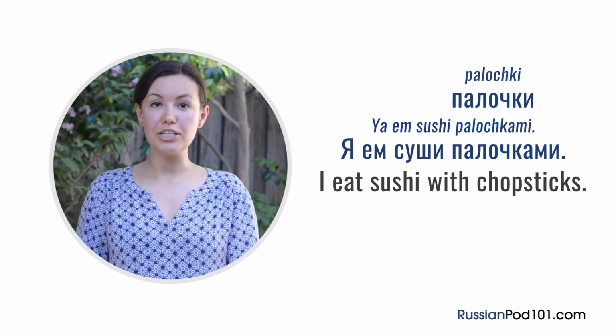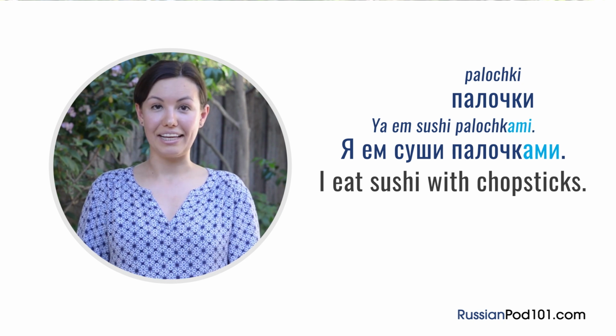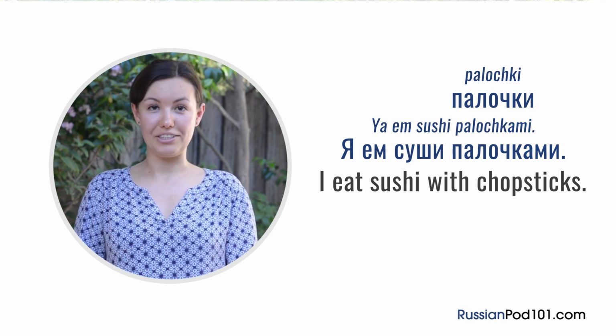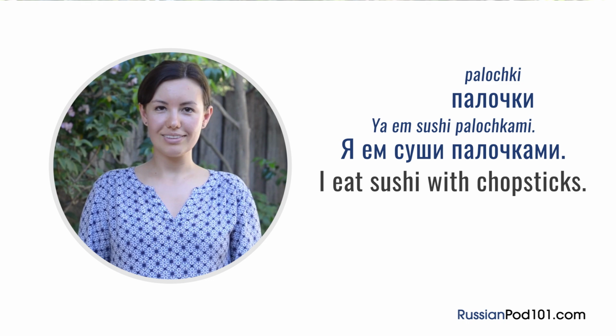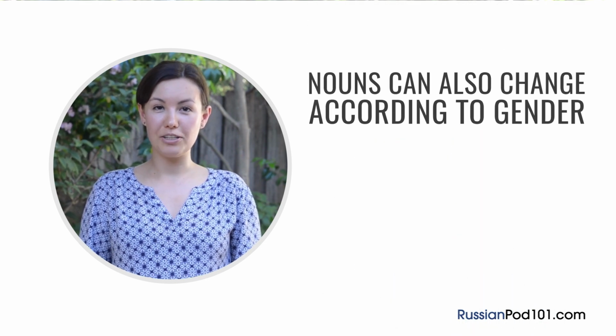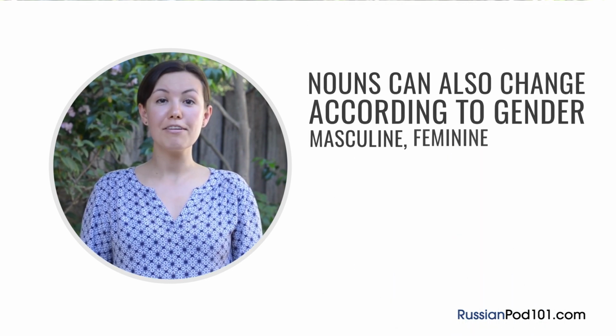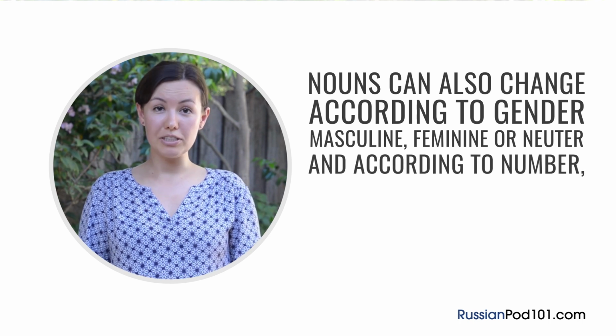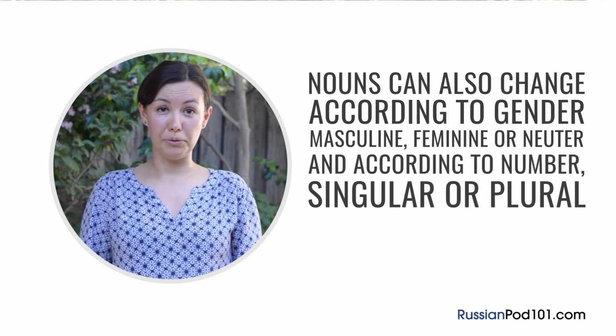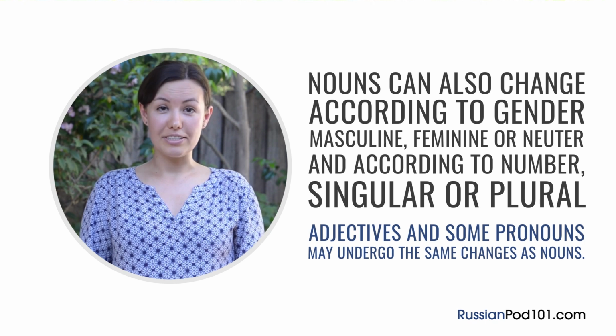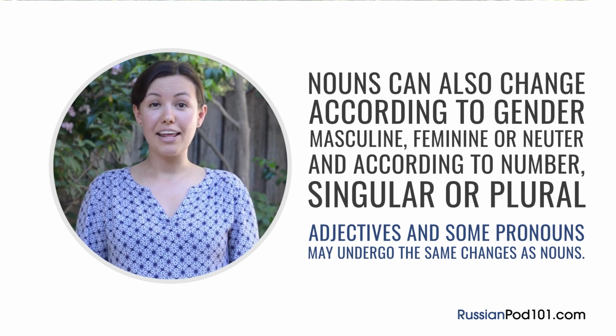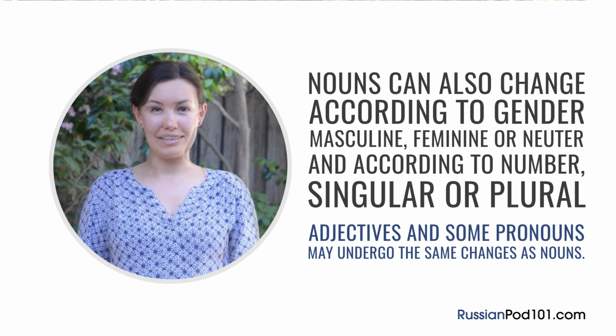As you can see, the change is made with the help of an ending, not with the help of a preposition, as in English. Nouns can also change according to gender, masculine, feminine or neuter, and according to number, singular or plural. Adjectives and some pronouns can undergo the same changes as nouns.